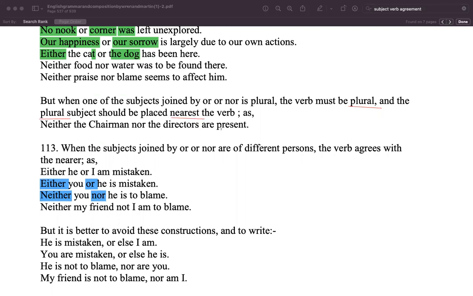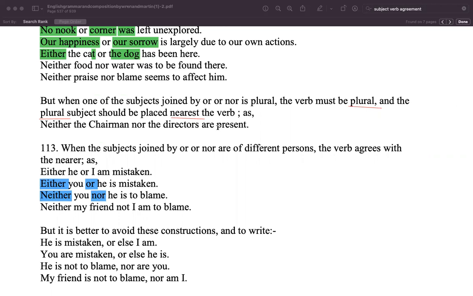Now the position also you need to remember. What is that? If I am saying he and they, or you talk about he or they have made the mistake, are coming to the party.